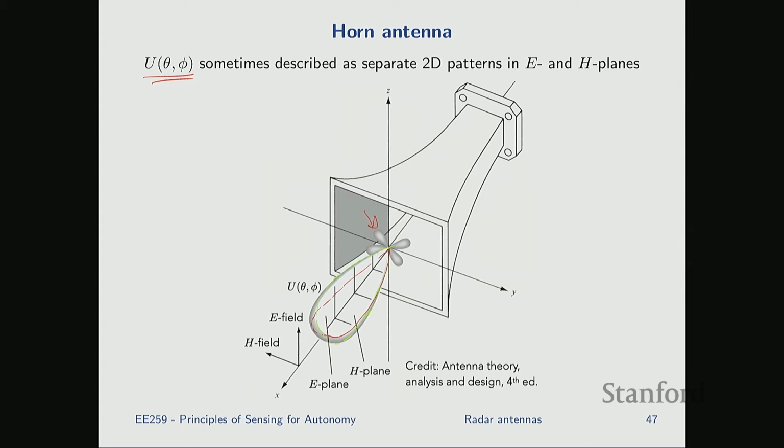Sometimes those are called the E plane and the H plane radiation patterns, because we know in the far field E and H are orthogonal. It's not a complete description of the radiation pattern, but it's good enough for most applications. With two cross sections in 2D plots, you can describe what the radiation pattern is.